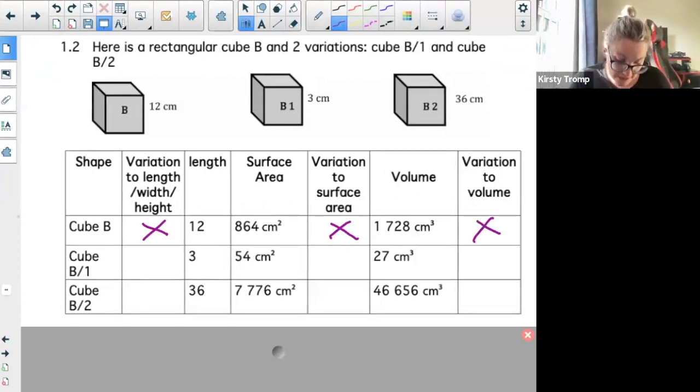Go and have a look. You're going to tell me, what did I do to the lengths? And then, to the length, what did I do to the surface area? And what did I do to the volume? I'm going to give you 2 minutes to have a look at that, and then I'm going to ask somebody to help me with B1.